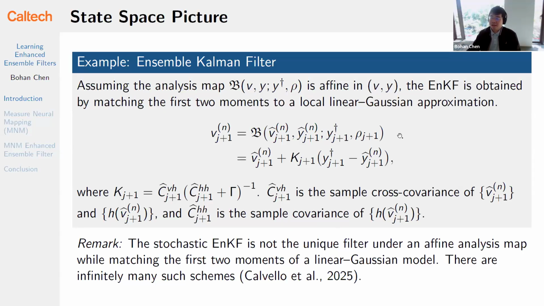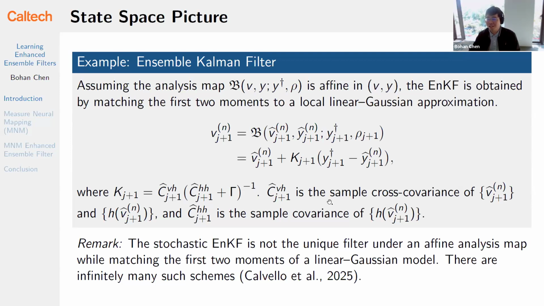And people derive the expression of this K, which we call the gain matrix, by matching the first two moments of the linear Gaussian approximation. That is to choose a proper K to match the mean and the covariance in the linear Gaussian approximation. And by solving this, we can get an expression of K_{j+1} like this.